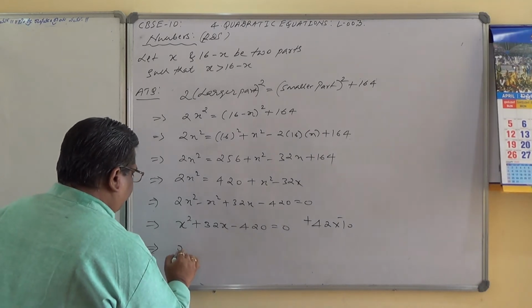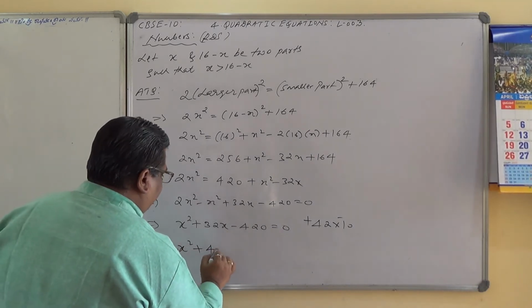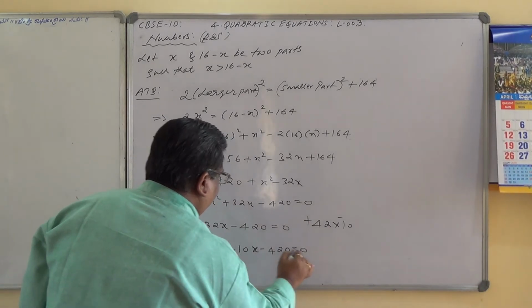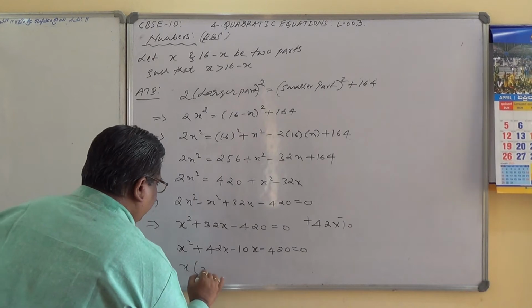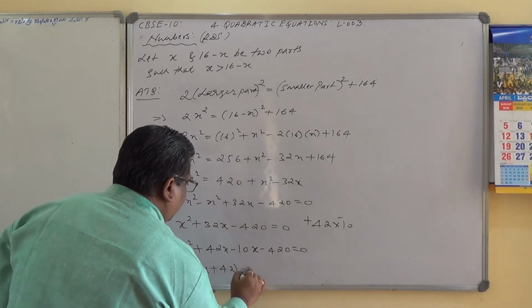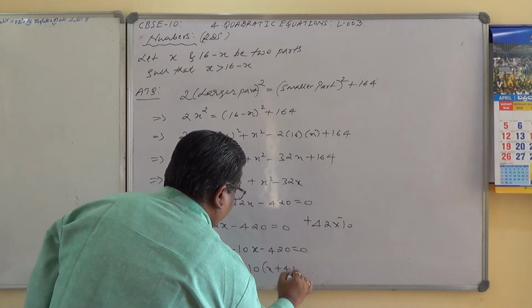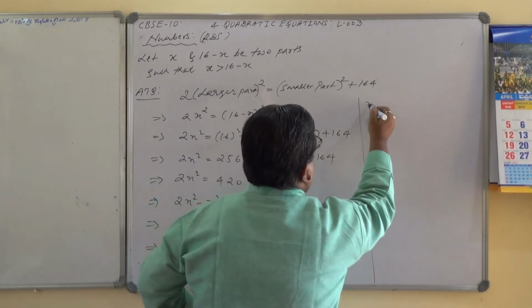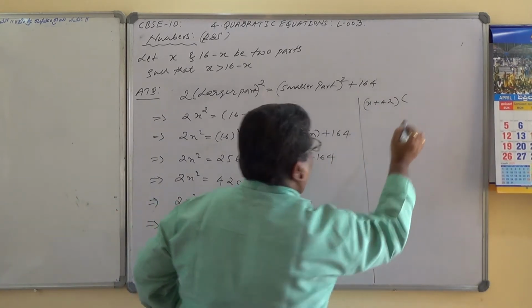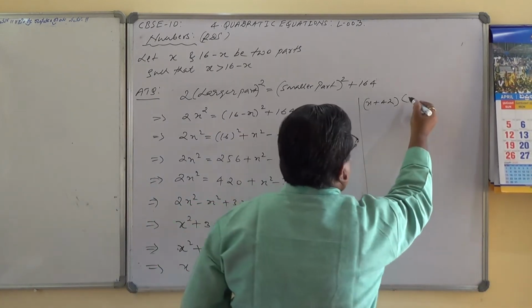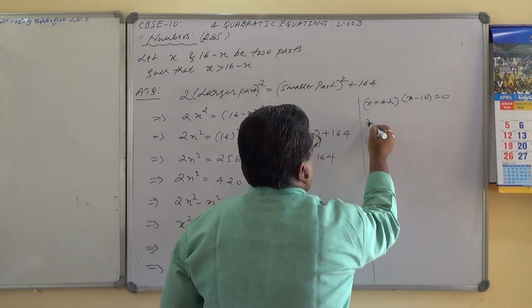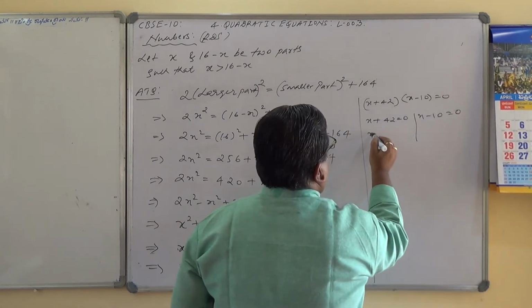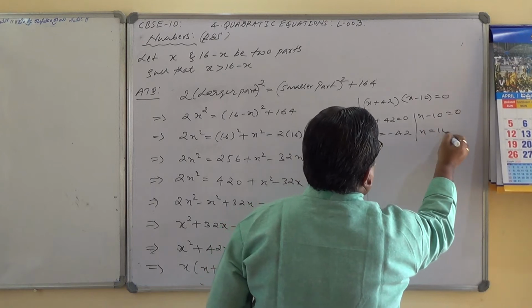Yes, it is possible. x square plus 42x minus 10x minus 420 equals 0, implies x plus 42 is common, into x minus 10 equals 0. x plus 42 equals 0, x minus 10 equals 0, x equals minus 42, x equals 10.